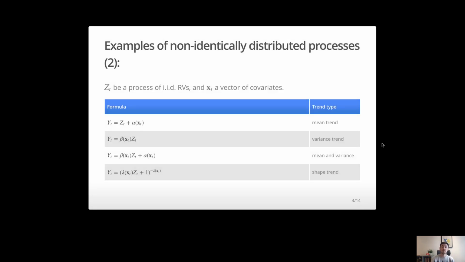In all of these transformations, it's not necessarily time that's going to be driving the non-identical distribution of the process. So we can generalize this to allow our functions alpha, beta, and lambda to not be functions of time specifically, but of one or more covariates, which we're going to describe by the vector x of t.